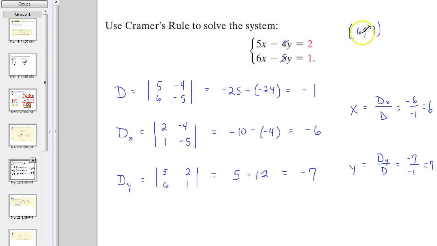So according to Cramer's rule, our solution should be 6, 7, and we can plug it in to show that it works. 5 times 6 is 30, minus 4 times 7 is 28, which is 2. So we do get a 2. Then 6 times 6 is 36, minus 5 times 7 is 35. 36 minus 35 is 1. So that is the solution to the system, and that's what Cramer's rule showed us it would be.